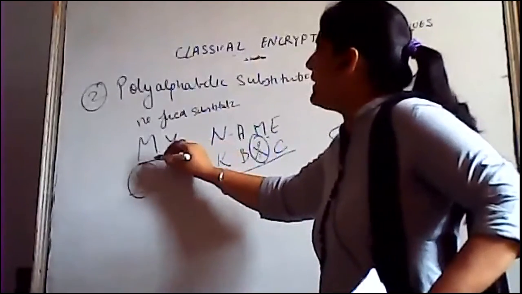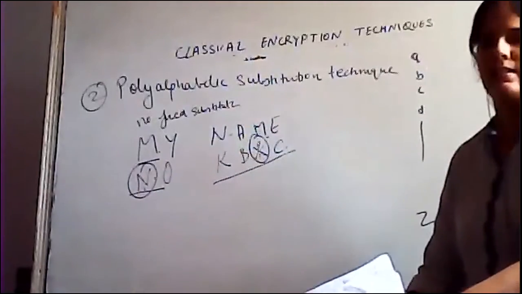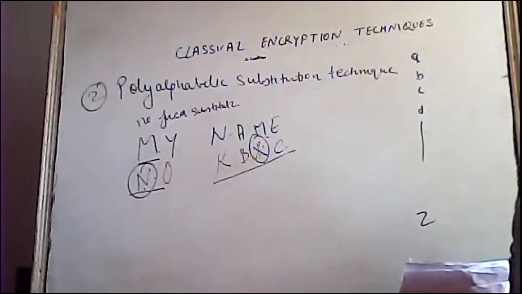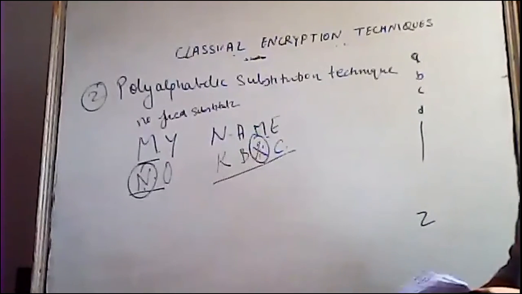Here you are representing m with n, and here you are representing m with x. This is known as the polyalphabetic substitution technique, in which we do not possess any fixed substitution. So each occurrence of a character may have a different substitution. That is, we can use more than one substitution for the same letter.